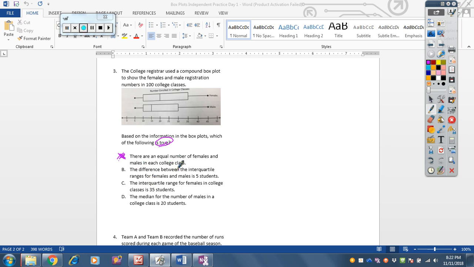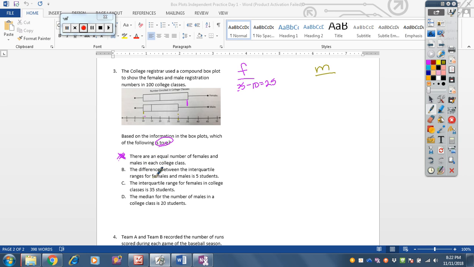The difference between the interquartile ranges for females and males is 5 students. Well, let's look. Female interquartile range is 35 minus 10. The male interquartile range is 30 minus 10.